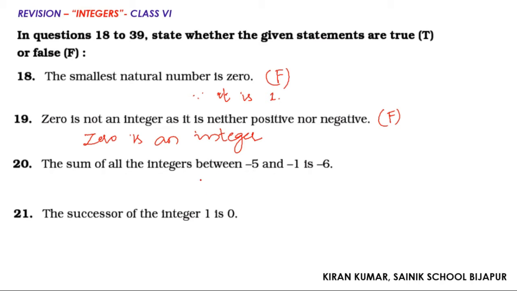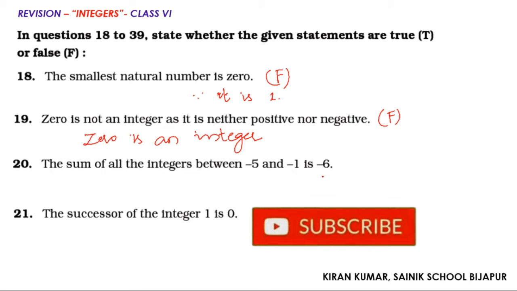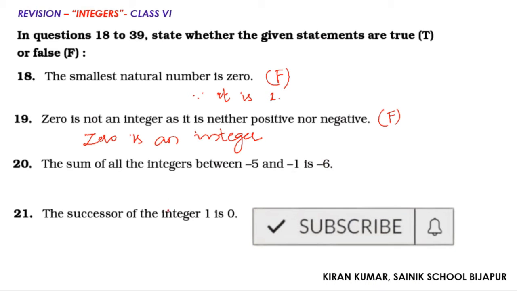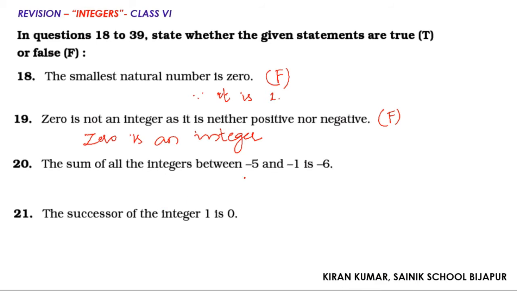Question 20: The sum of all integers between -5 and -1 is -6. If you look at the numbers between -5 and -1, we have -4, -3 and -2.